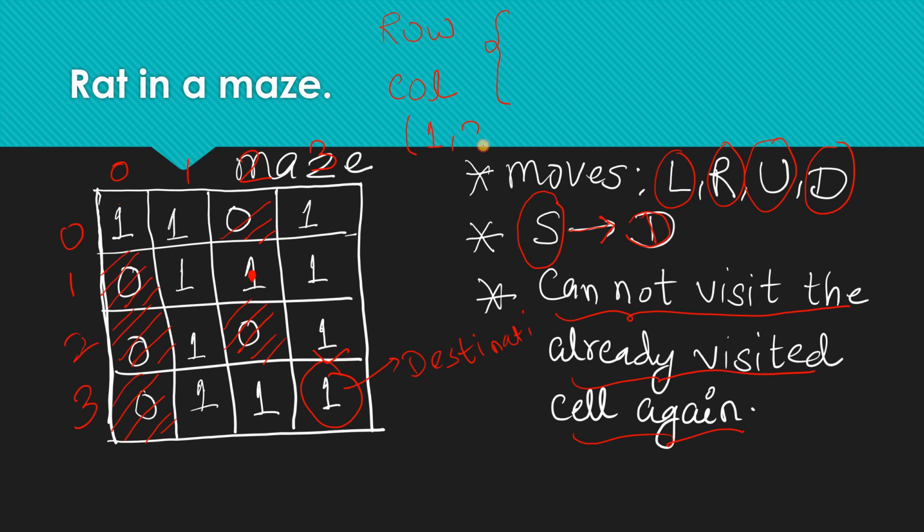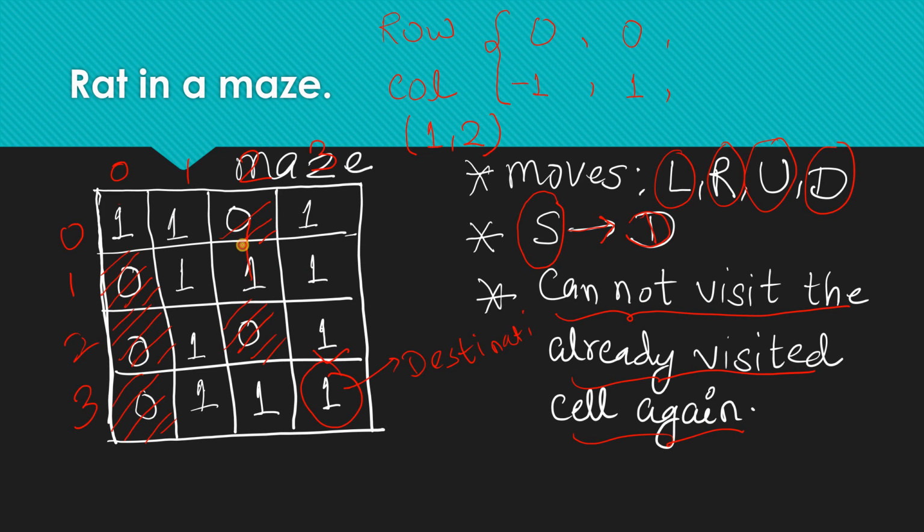So the coordinates of this cell will be 1 comma 2. Suppose we want to move in the left direction. We have to subtract 1 from the column, because the coordinates of the cell to the left will be 1 comma 1, and the row remains the same. Next, suppose we want to move in the right direction: we increment our column by 1, and the row remains the same.